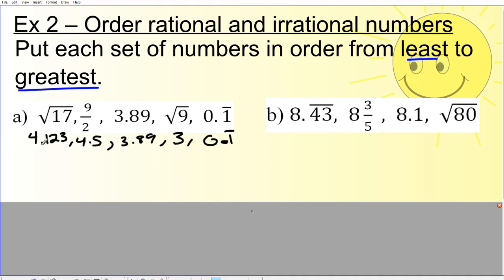So I have a 4 point something, 4 point something, 3 point something, 3 point something, 0 point something. Out of those, clearly the 0 point something is the smallest. 0 point something will always be smaller than 4 point something. So the smallest one was 0.1 repeated. Okay, that is the smallest.